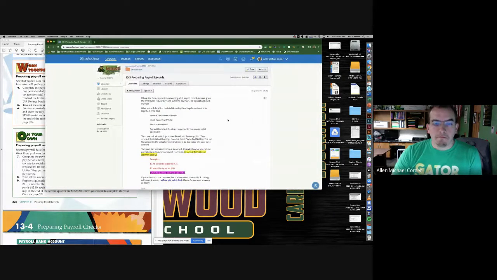I don't have anything else to tell you all over this. I know you can do it. It's just a lot of numbers and a lot of multiplying and adding together. It is very, very important that you add and subtract accurately. If you are off by 1 penny, Schoology is going to count it wrong.